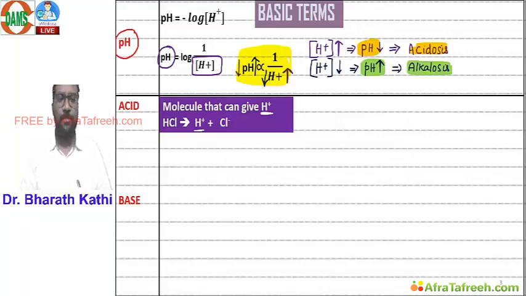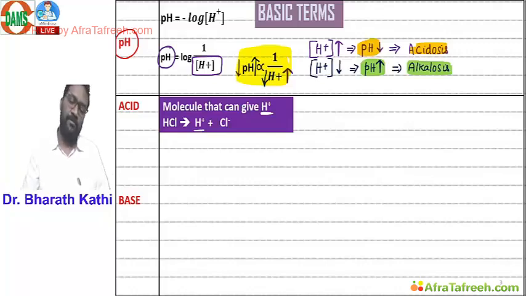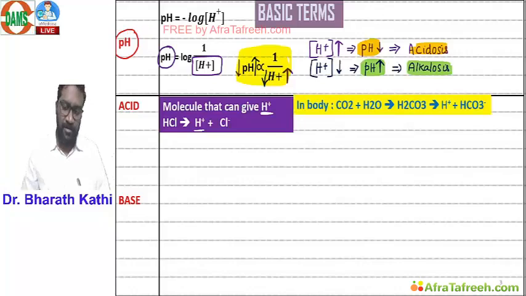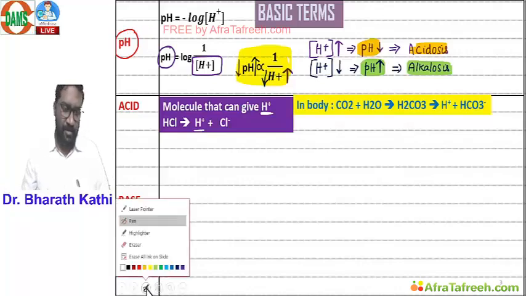In the same way, in your body, the abundant acid is not HCl. It is H2CO3, carbonic acid. Can anybody tell me from where carbonic acid is produced? Carbonic acid is produced from carbon dioxide. This is a very important equation.